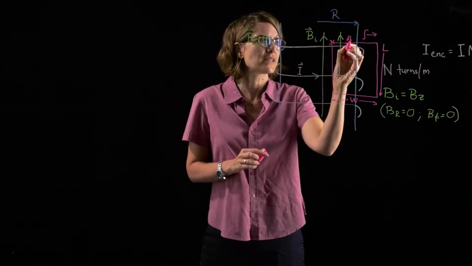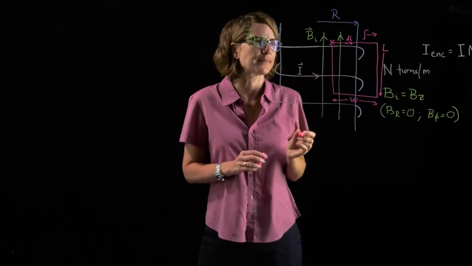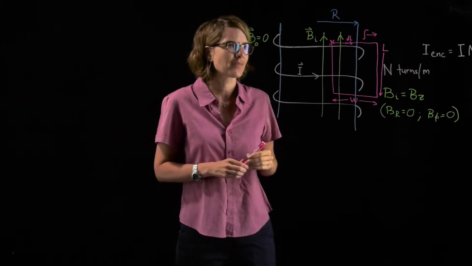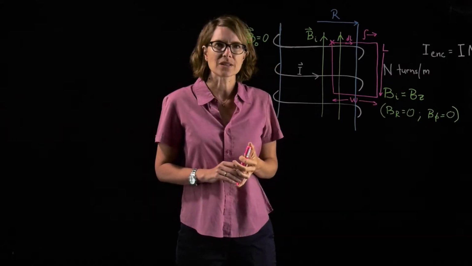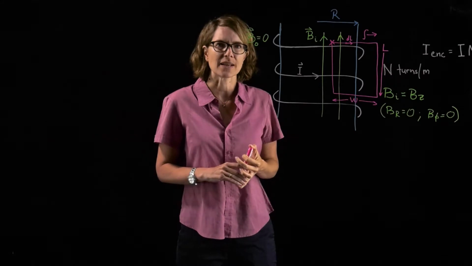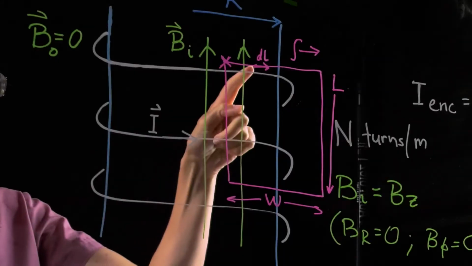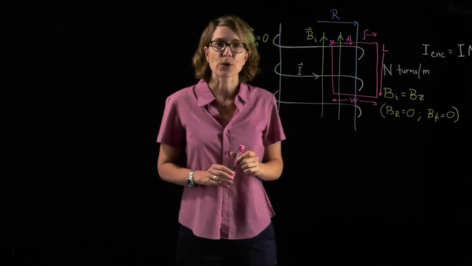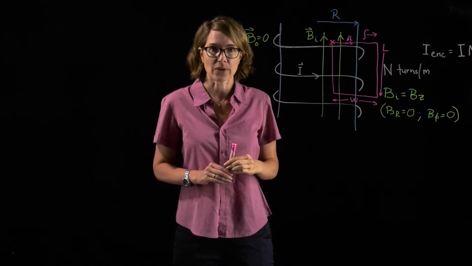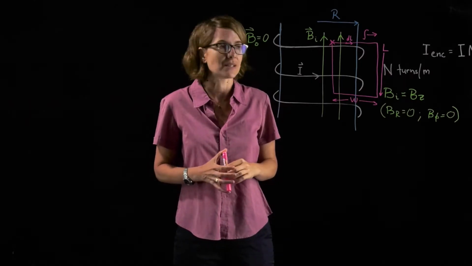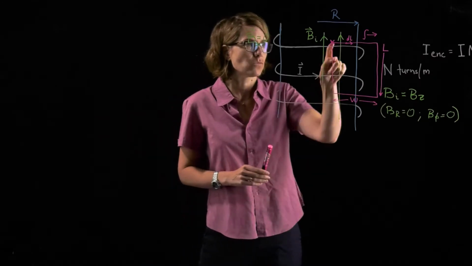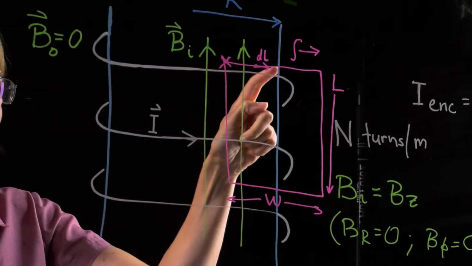So dl points this way at this point here, inside. The magnetic field vector is perpendicular. So the dot product is 0 as we move along here.